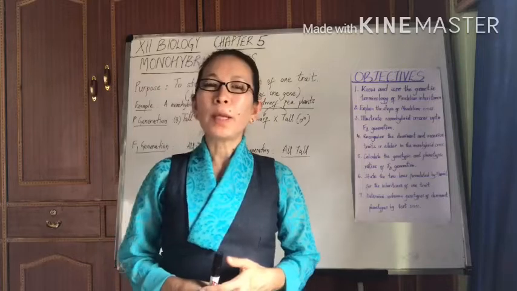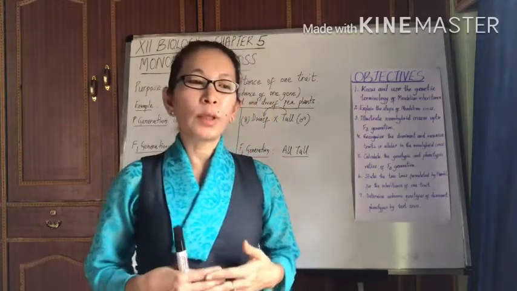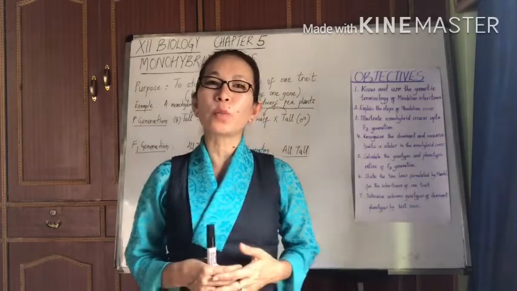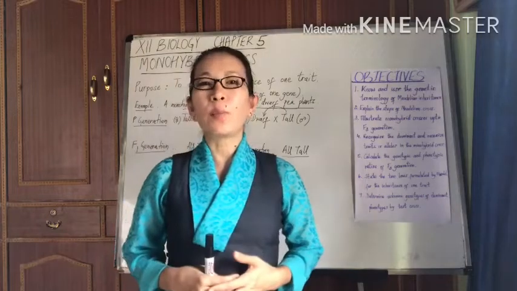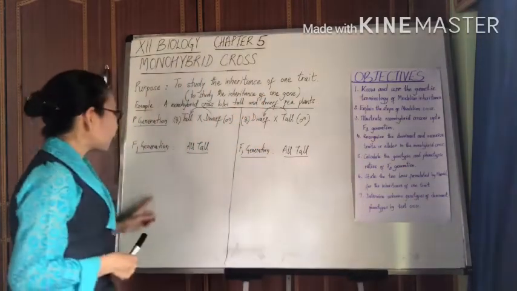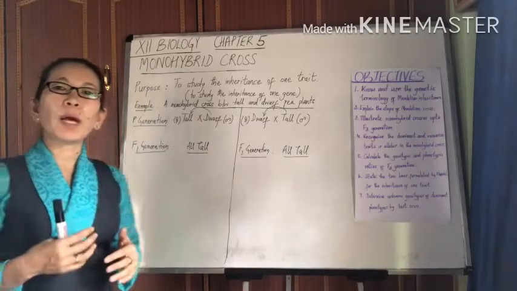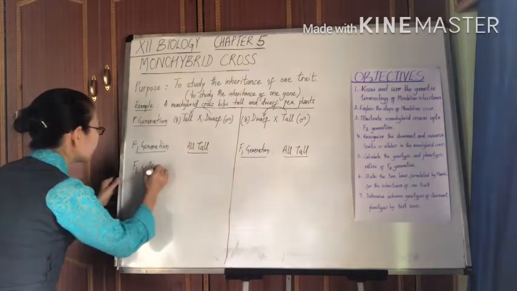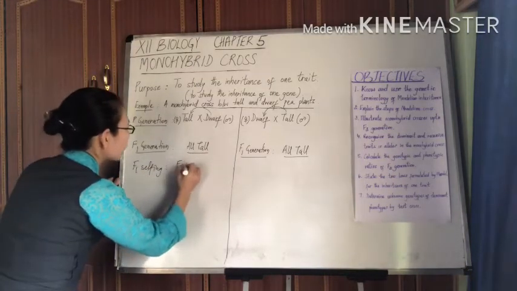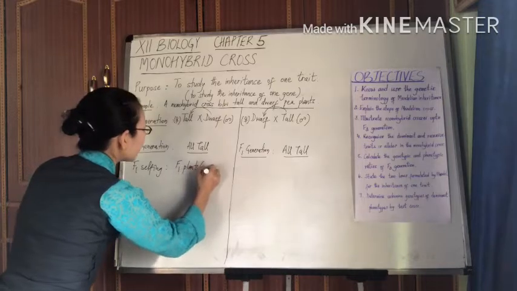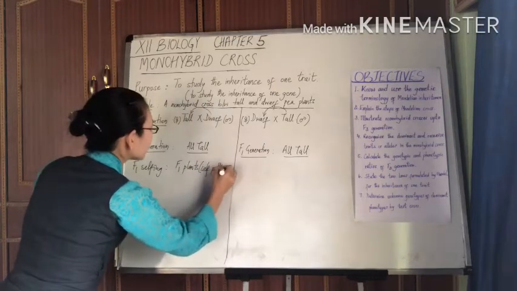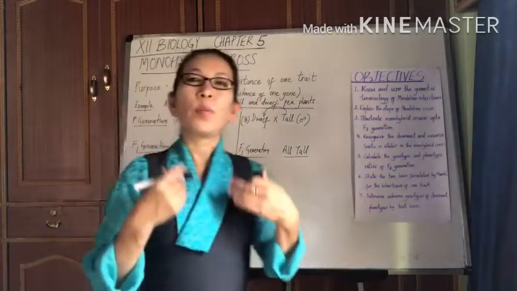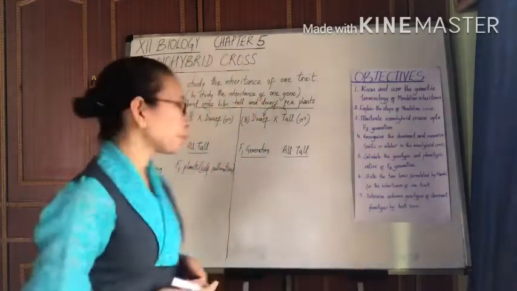So Mendel wondered what happened to the dwarf character in the F1 generation. To figure out the mystery, Mendel went ahead with his study on the subsequent F2, F3 and more generations. And all of these subsequent generations were obtained through continuous self-pollination. So, in order to obtain the F2 generation, he made the F1 plants undergo self-pollination. And this step is F1 selfing, where F1 plants are allowed to undergo self-pollination, which basically means that the pollination would happen within the same plant.